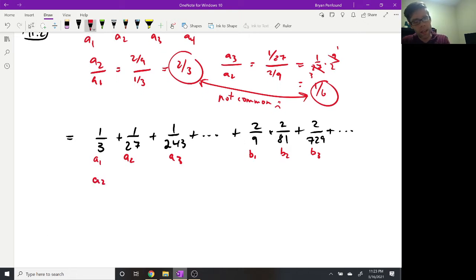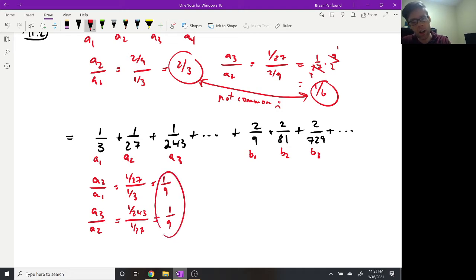So let's do A2 over A1 and see what we get. This is 1/27 divided by 1/3, which will give us 1/9. Let's verify by dividing the next two consecutive terms: 1/243 divided by 1/27. You should be able to convince yourself that this is also going to be 1/9.